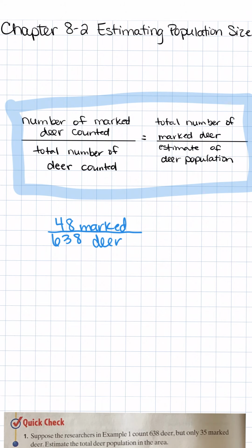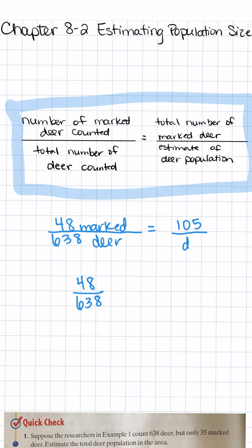They know there are 105 marked deer, right? Because they marked them, so they know there's 105 marked ones. Write a proportion to estimate the deer population. So this is what we're trying to find out, the deer population. So really, let's put this in a more clear, laid out fashion.